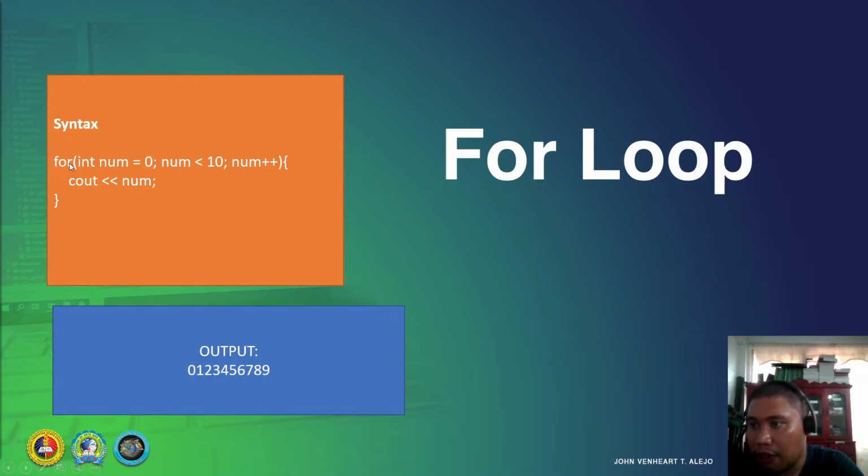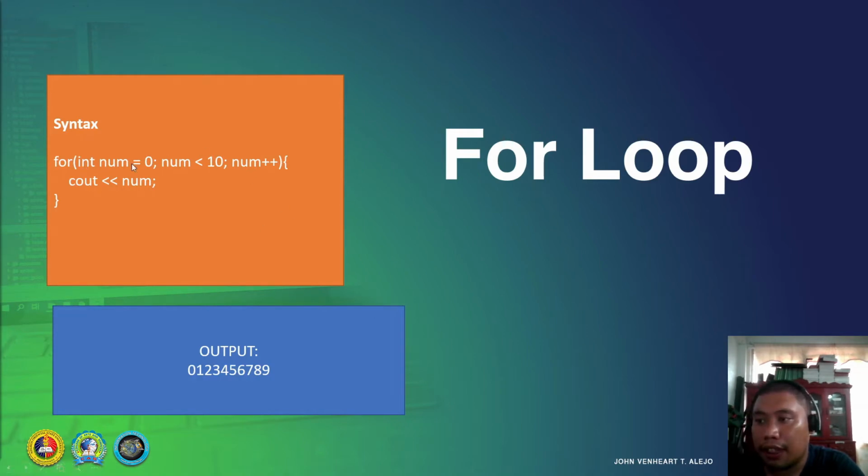It's similar to the while loop, you state for with open and close parentheses, but in a for loop we have three conditions to supply in order for the for loop to execute.